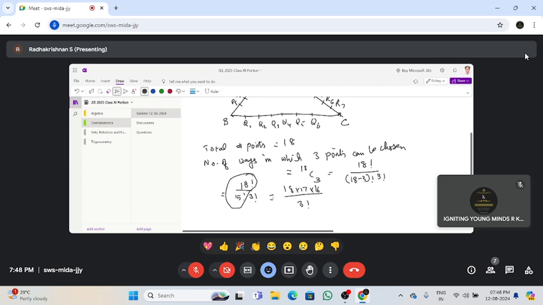So whenever there is a combination 18C3, you start with 18 and write 3 numbers: 18, 17, 16. And the denominator will be 3 factorial. This is the formula for combination. And what is 3 factorial? 3 factorial is 1 into 2 into 3, which is 6. So you multiply this, and you're going to get some value.